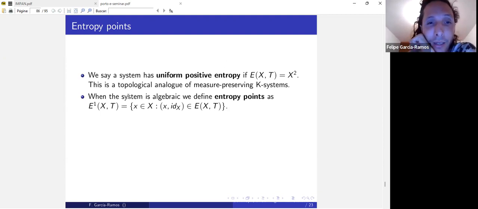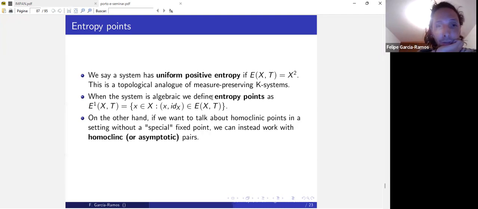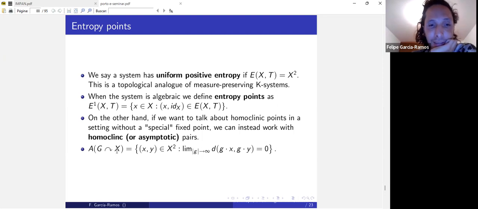Okay, and here, if we have an algebraic dynamical system, the entropy points are the points such that X and the identity is an entropy pair. This is kind of like the homoclinic points, but now here we have pairs.